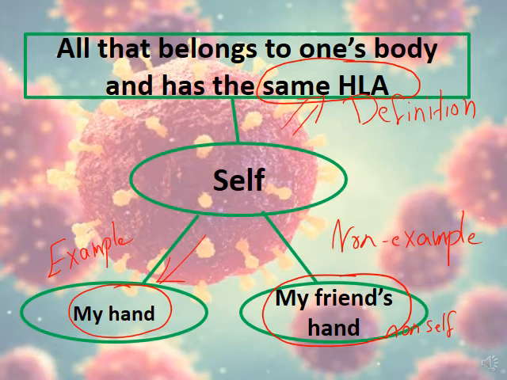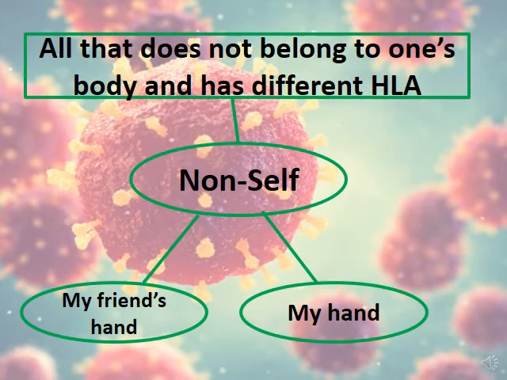Okay, let's move now to the definition of the non-self. What is the non-self? The non-self is all that does not belong to one's body, and they have different HLA.